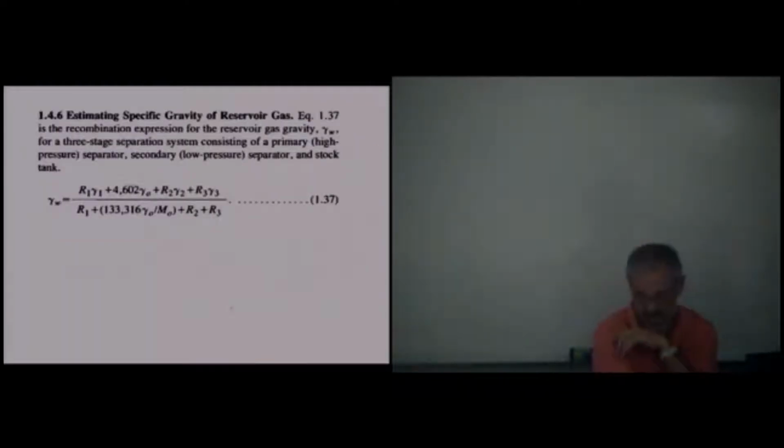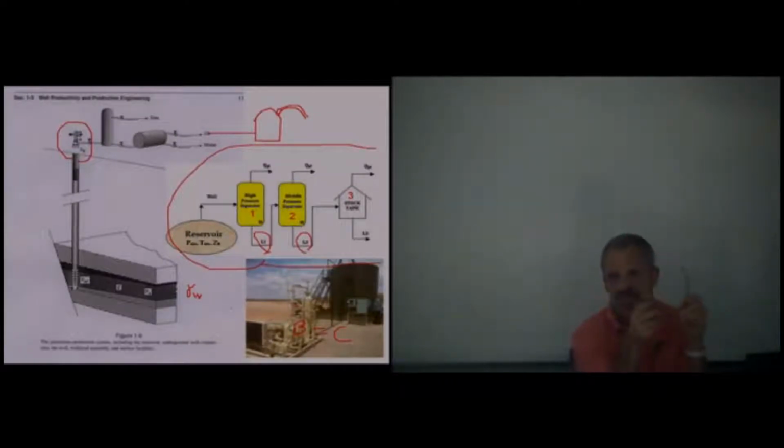Yeah, it uses W. And it doesn't say what W actually stands for, but I think it's one of those things that just got in there early, and it was really used when they were calculating flow in a pipeline, it's well stream. But for all intents and purposes, it's the gas gravity of the fluid in the reservoir.